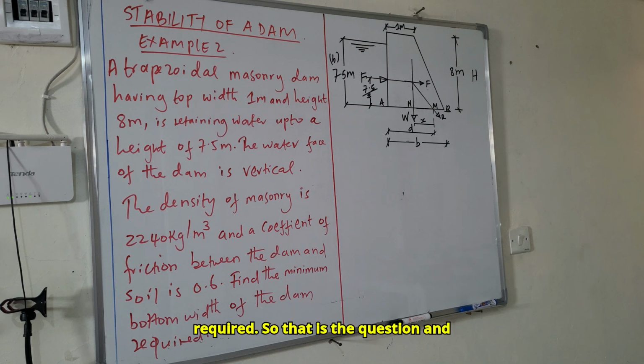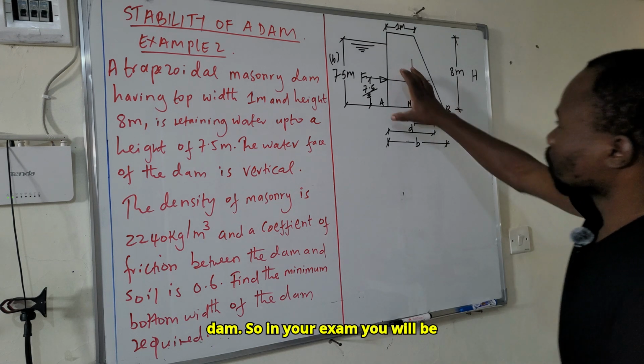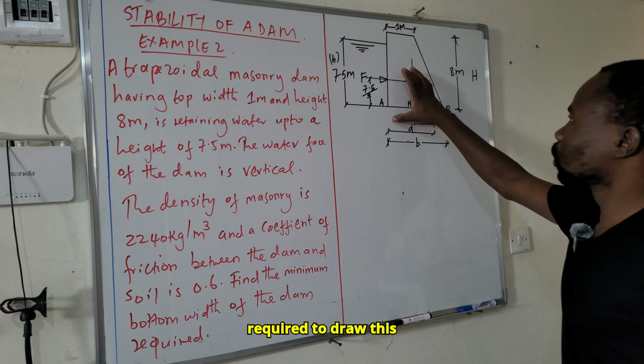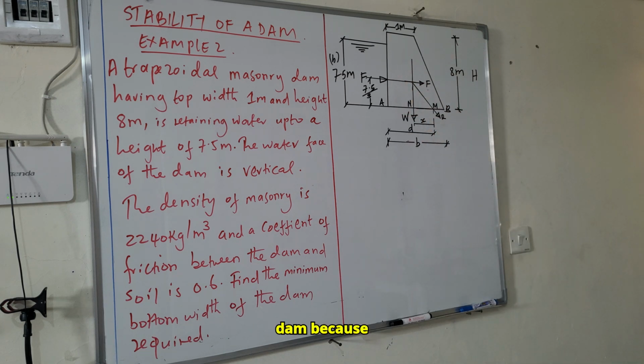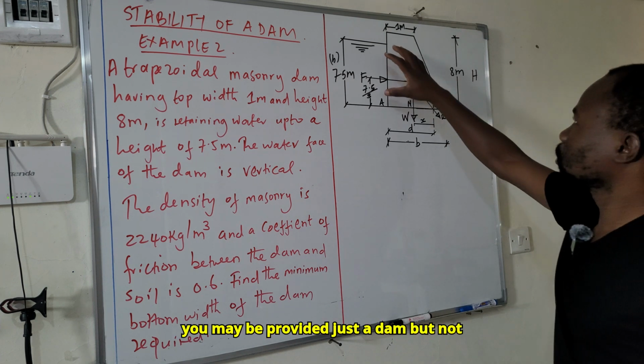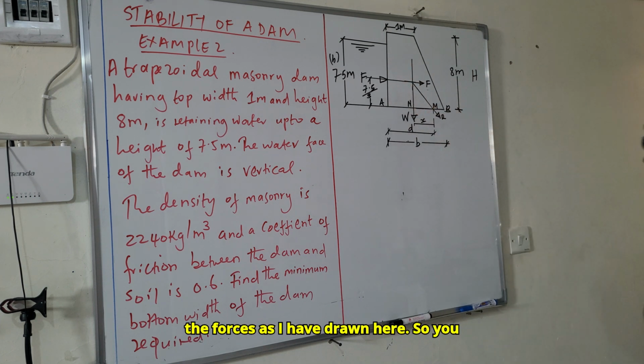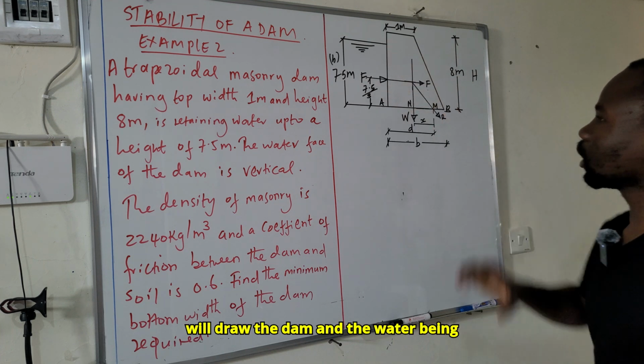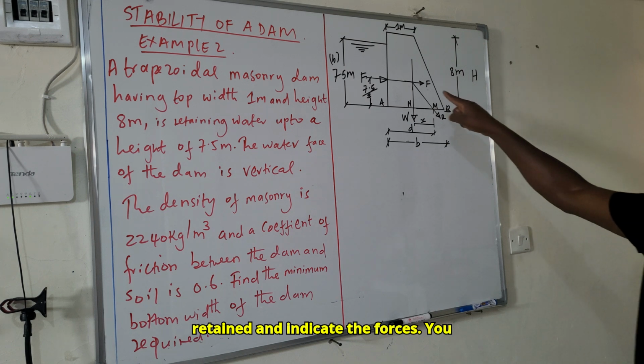So that is the question, and this is the dam. In your exam, you will be required to draw this dam, because you may be provided just a dam but not the forces as I have drawn here. So you will draw the dam and the water being retained and indicate the forces.